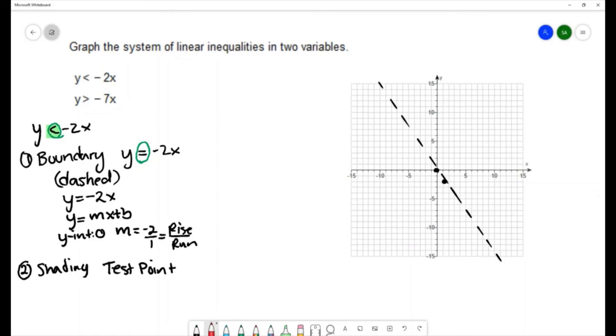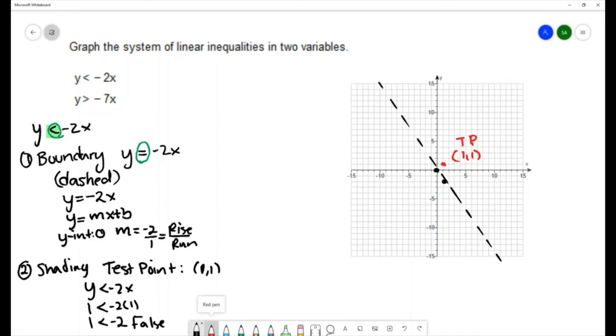I'll pick the ordered pair 1, 1. And we're going to substitute that test point of 1, 1 into the inequality y is less than negative 2x. That gives me the statement 1 is less than negative 2 times 1. That's 1 is less than negative 2, and that's a false statement.